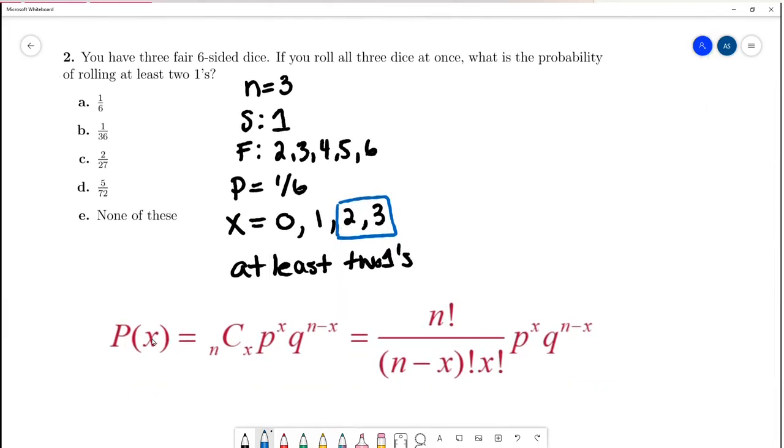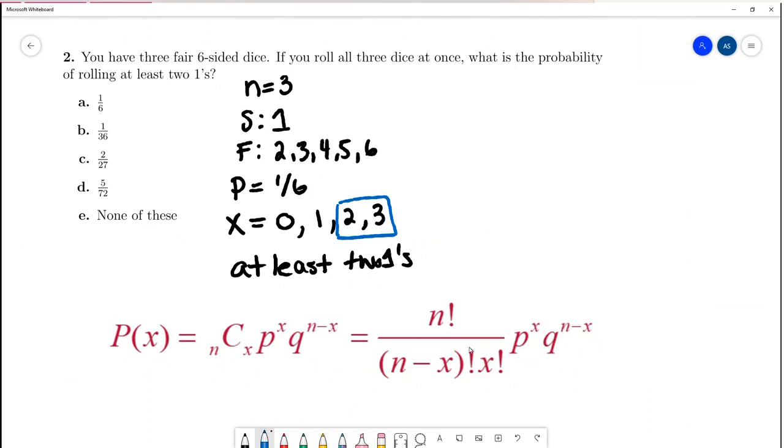The probability of x equaling either 0, 1, 2, or 3 uses the combination formula nCx. n is the number of trials, x is the particular x value, either 0, 1, 2, or 3. p is the probability of a success, which we said was 1/6. q is the probability of a failure. That's going to be 5/6 to the n minus x.